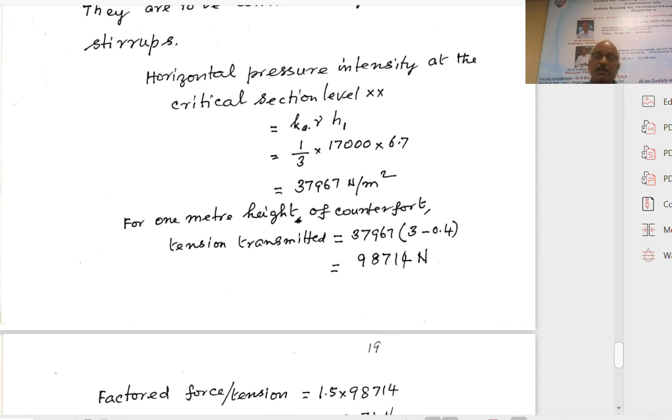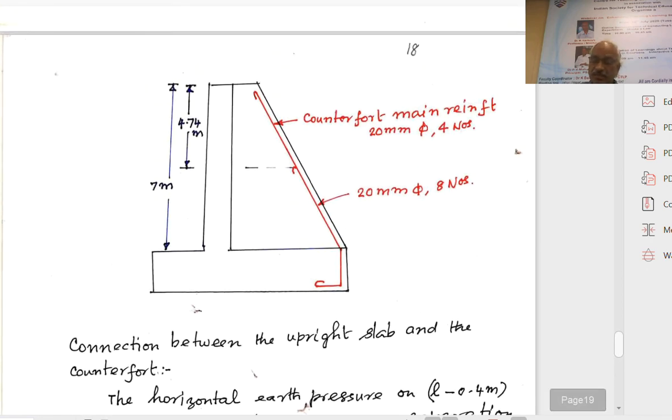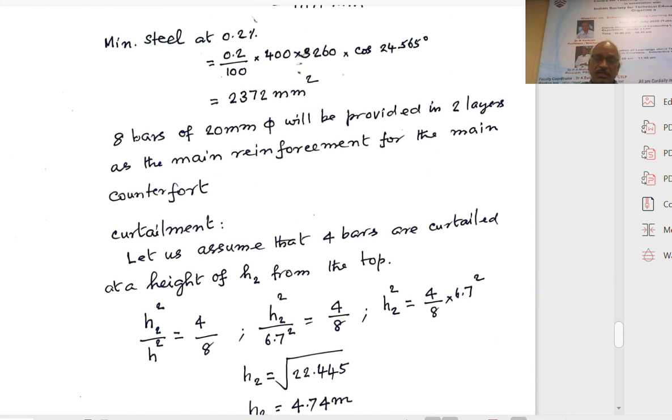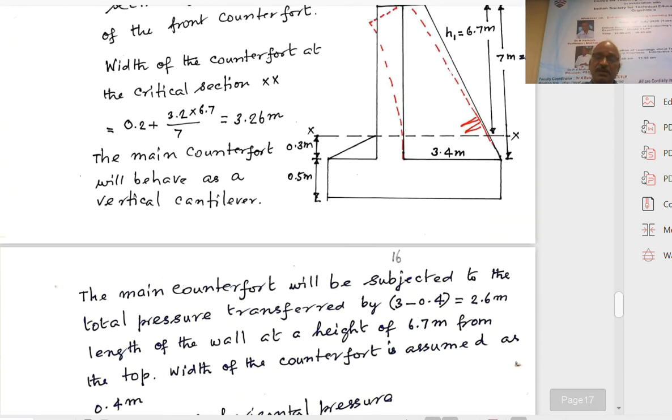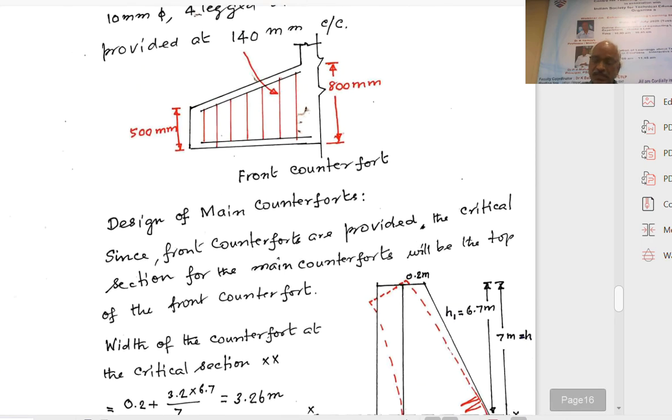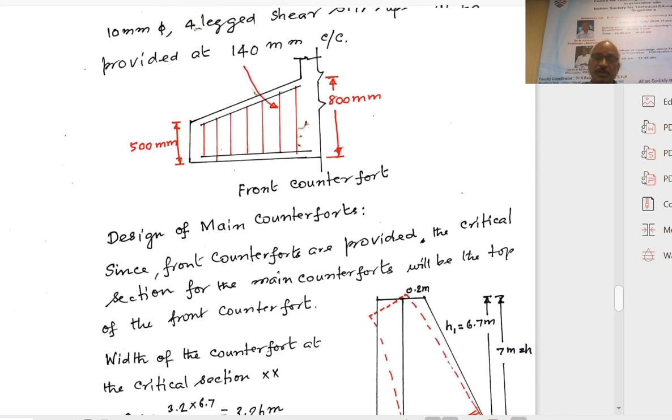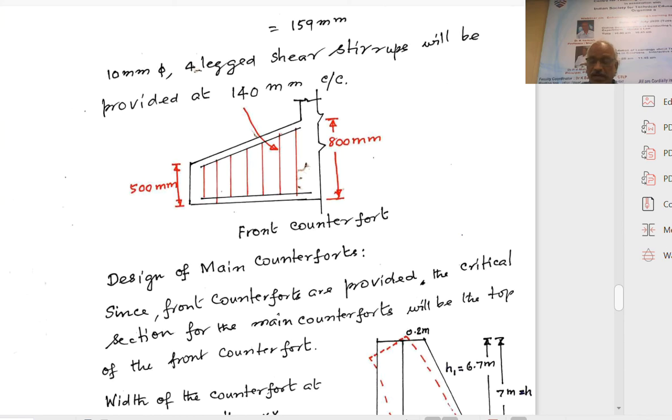If you assemble all the drawings that you have discussed, this is the main reinforcement for the main counterfort. Like this, you have to assemble everything, but you have a knowledge of these reinforcement details. This is for the front counterfort. Here also we have to add the main reinforcement and distributors for the toe slab.